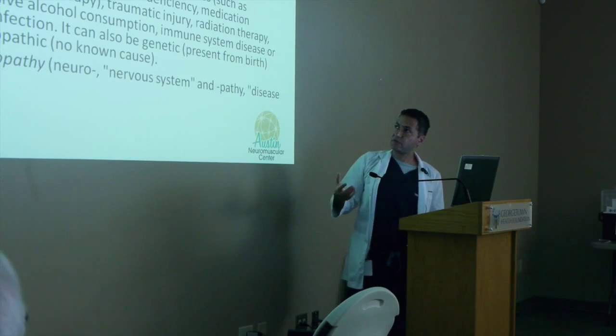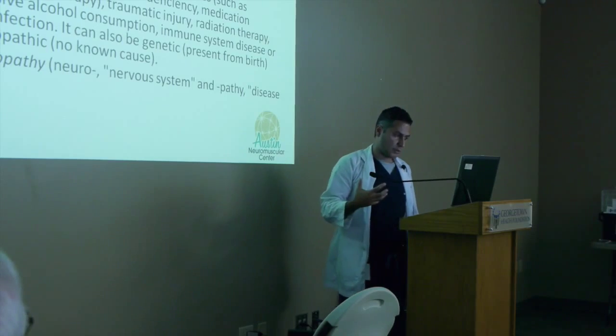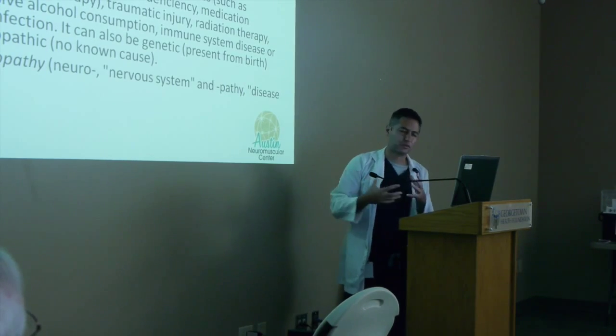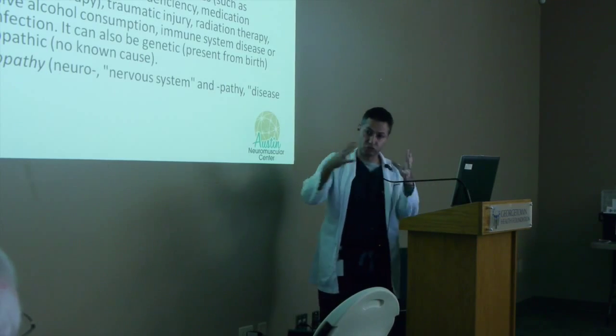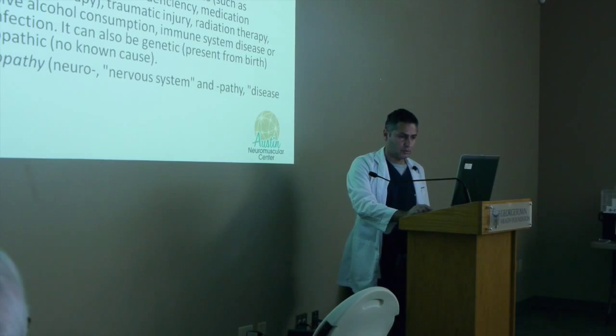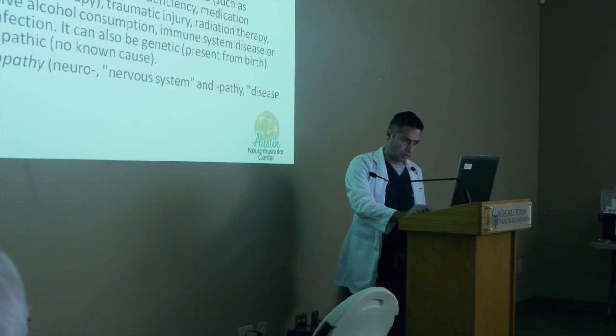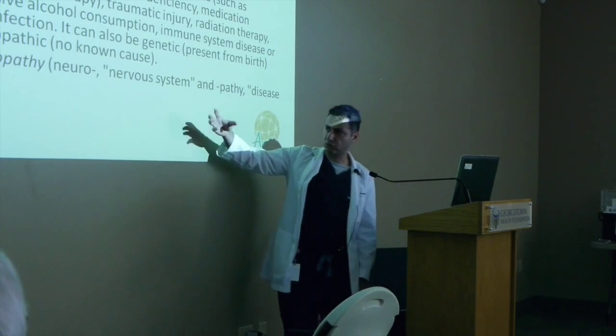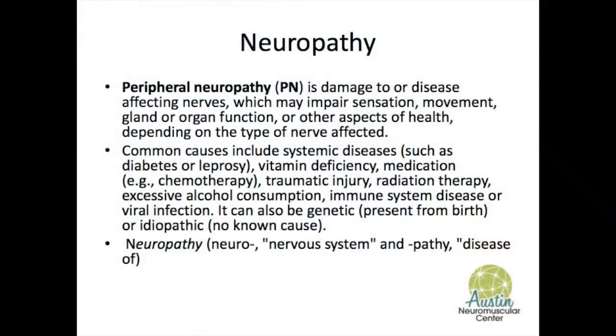So neuropathy in general has many types. I know we all say, oh, I have neuropathy, but it's not like saying I have an infection. There are so many types, and today I'll try to hit most of the types. The term neuropathy is basically neuro, which is the nervous system itself, and pathy, which is the disease.